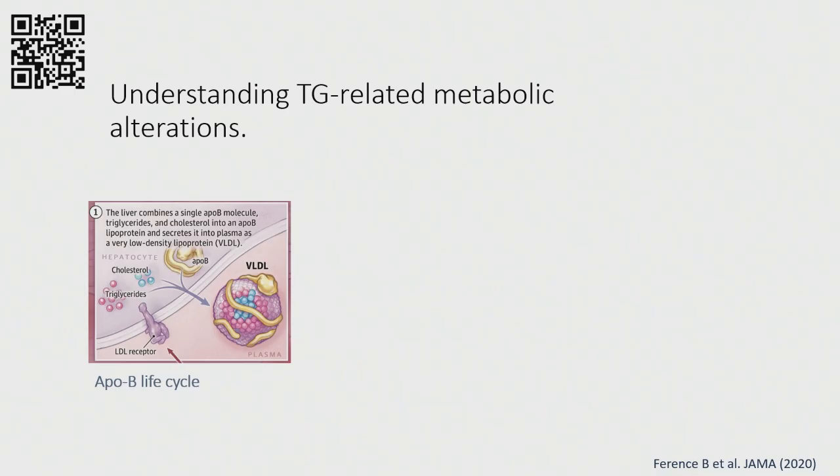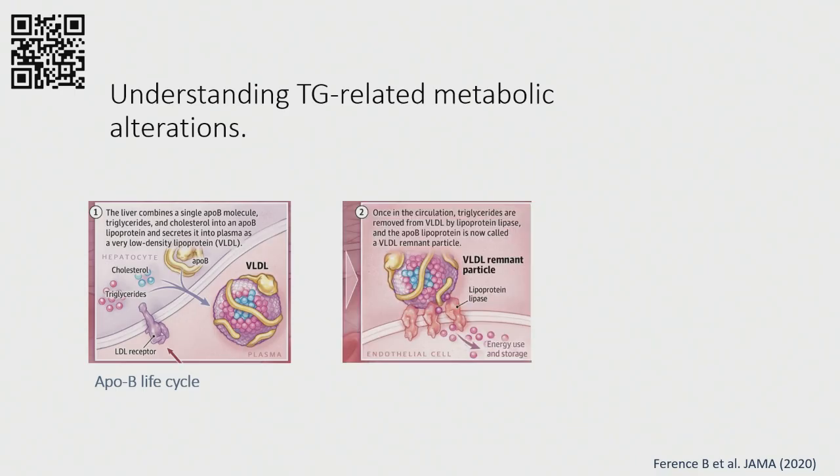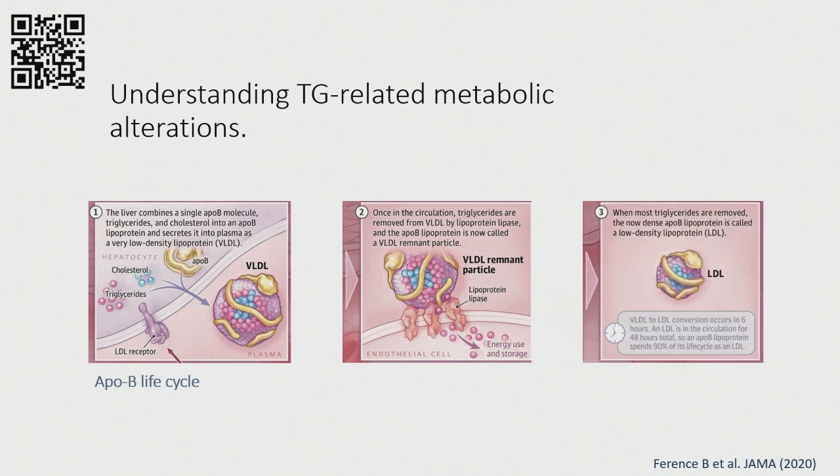And these triglycerides are hydrolyzed along the first day. And then, 90% of the time, these ApoB-containing particles become enriched in cholesterol and become an LDL particle. So an ApoB is constituting a very low density lipoprotein 10% of the time, and 90% of the time, in normal conditions, it is constituting an LDL particle.